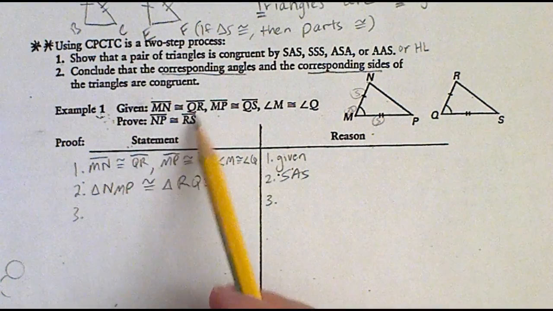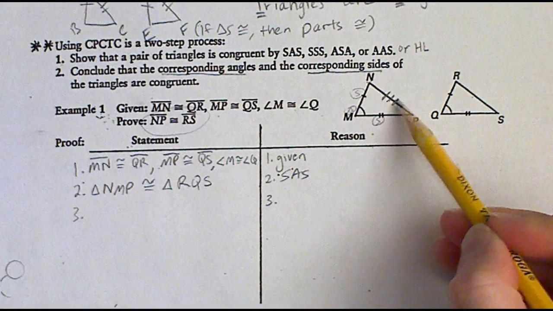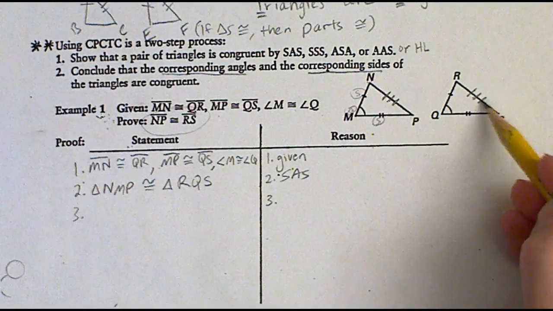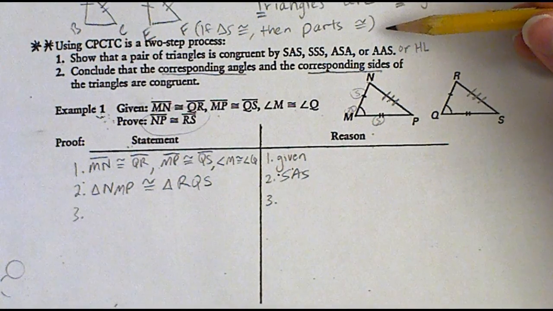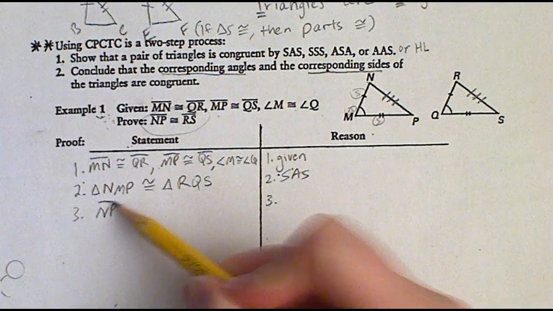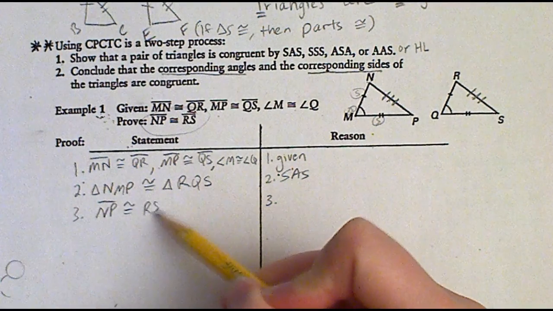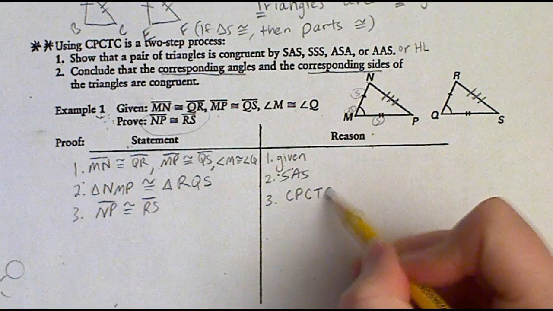Now I want to show that NP is congruent to RS. If the triangles are congruent, then the parts must be congruent. So I can now say NP is congruent to RS because of our new reason, CPCTC.